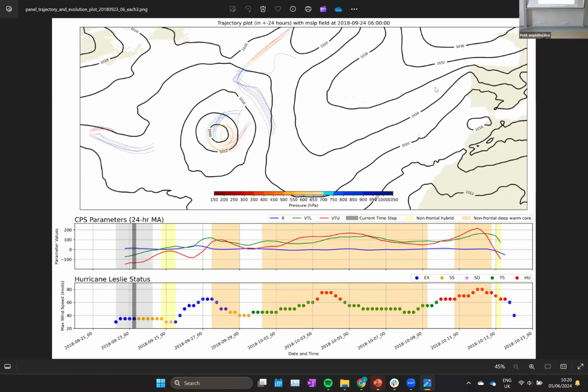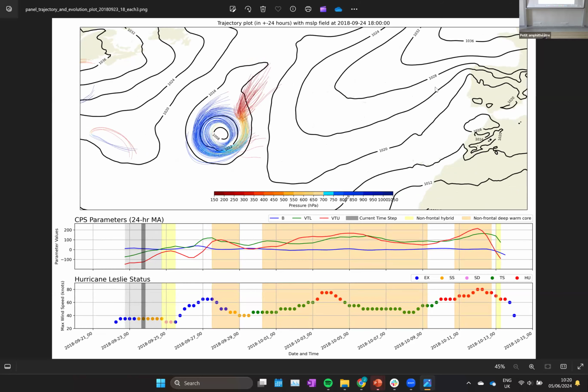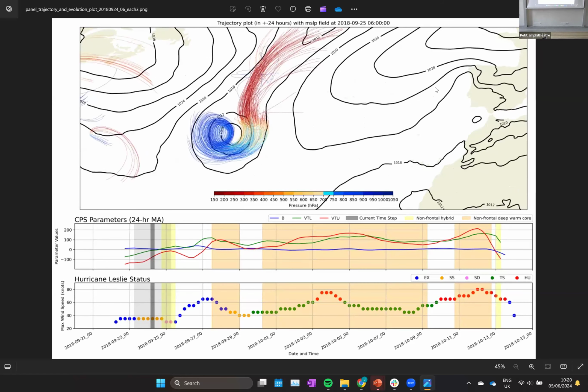You can also see an increase of the trajectories, because we are applying a filter and only plotting those trajectories that ascend 600 hectopascal in 2 days. You can see an increase of the trajectories, but the main ascent is to the right of the cyclone.